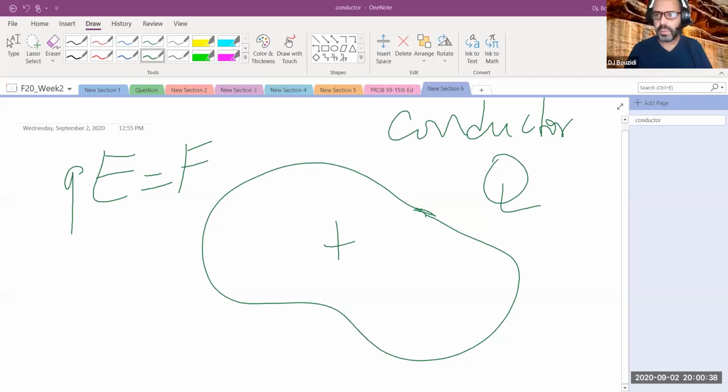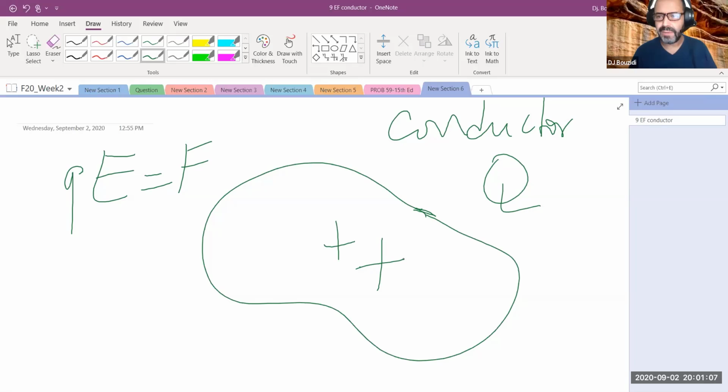Okay. So if there is a charge that makes it inside the conductor, I'm assuming this is a positive charge, as I was saying. If some of the positive charge goes inside, then these charges will be free to move. These charges will again create their own electric field. Remember, the electric field is Q over 4 pi epsilon naught divided by the distance squared.